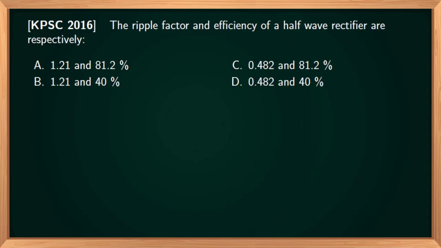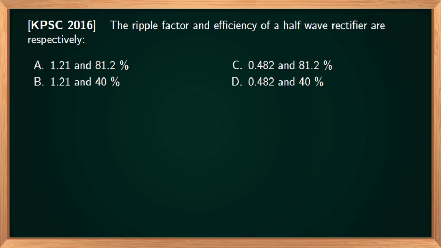Next question. The ripple factor and efficiency of a half-wave rectifier are respectively: option A, 1.21 and 81.2%; option B, 1.21 and 40%; option C, 0.482 and 81.2%; option D, 0.482 and 40%.